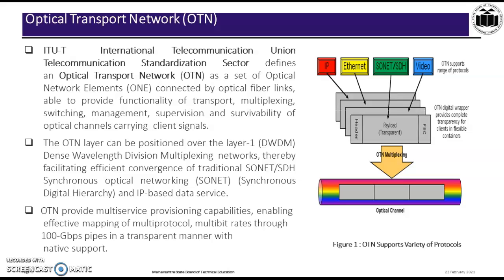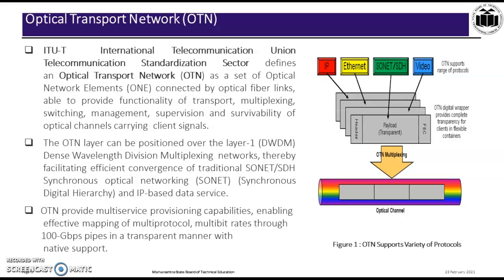The OTN layer can be positioned over layer 1, that is the dense wavelength division multiplexing networks, thereby facilitating the efficient convergence of traditional SONET, that is synchronous optical networking, and SDH, that is synchronous digital hierarchy, and IP-based data service.